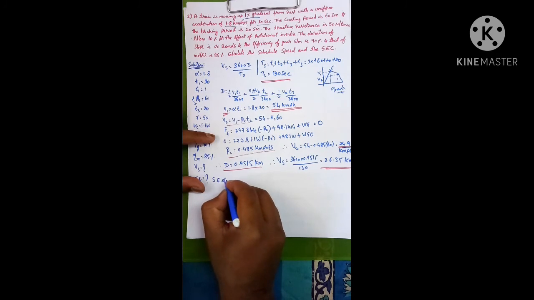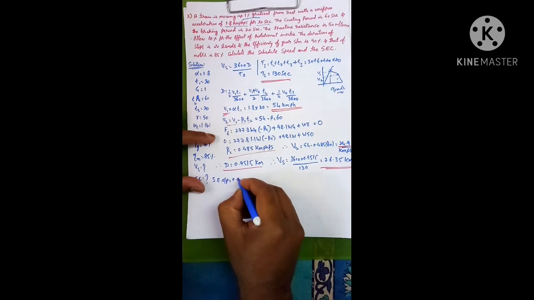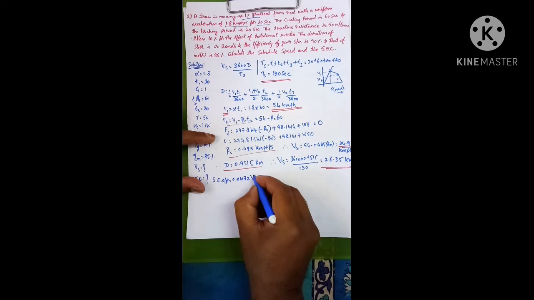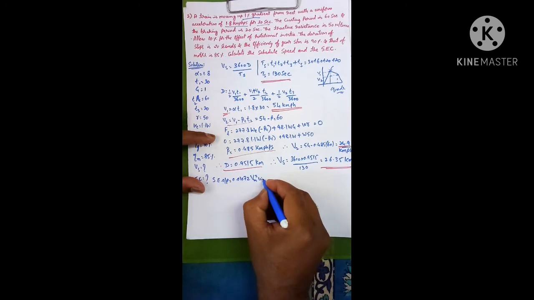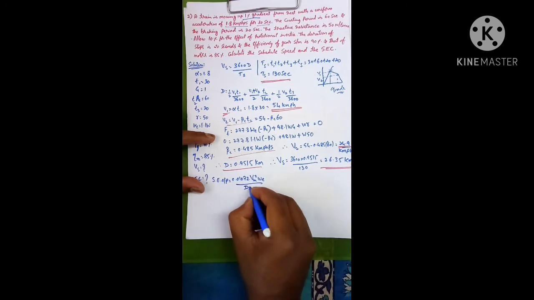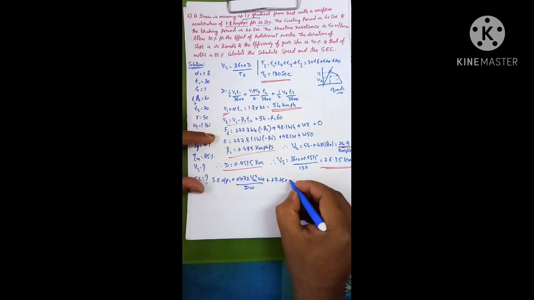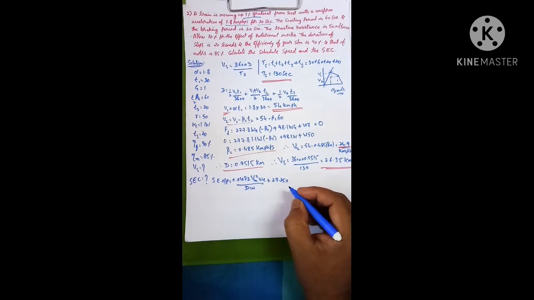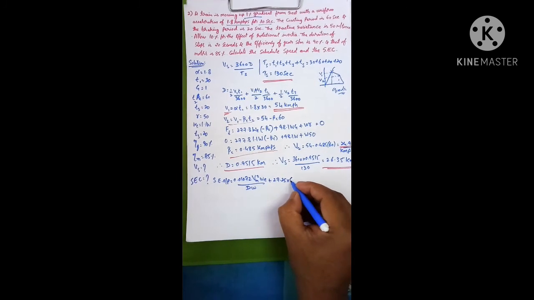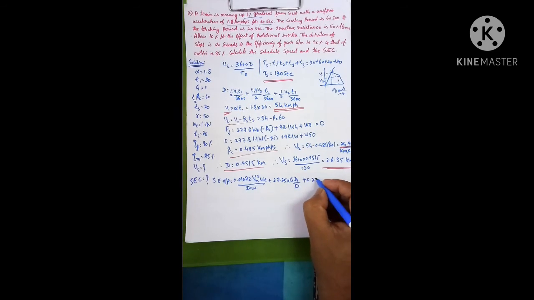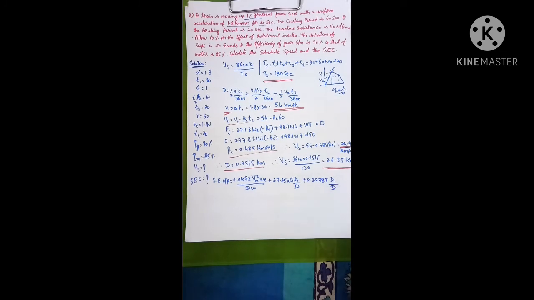Specific energy output can be given as 0.01072 Vm square We by dW plus 27.25 into G d1 by d plus 0.2778 R d1 by d.